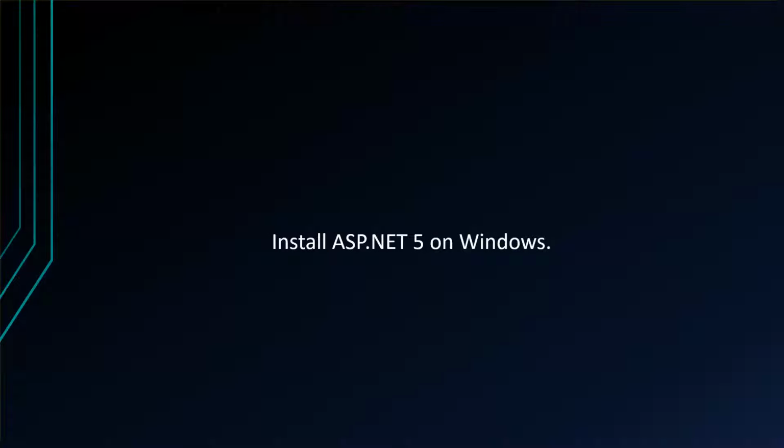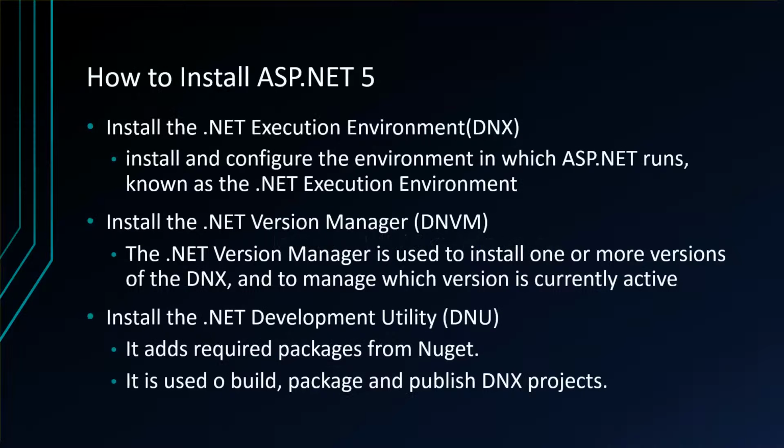Installing the ASP.NET 5 runtime on Windows is a three-step procedure. First, we need to install the DNX, the .NET execution environment, and then install the version manager. The version manager is used to install one or more versions of the DNX and manage the current version that is available.